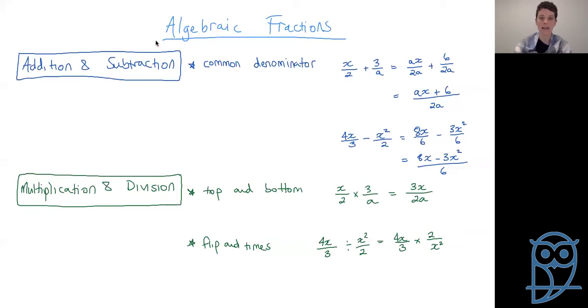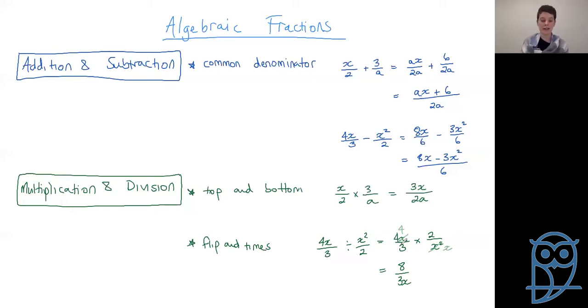So 2 and 3, nothing in common. 4x and x squared, we have an x in common. So we can take the x out here, that would leave us with 4. And if we take 1x out of x squared, we're left with x. Then we can do that multiplication. Across the top, 4 times 2 is 8. Across the bottom, 3 times x is 3x. So 8 over 3x is the answer to that division.